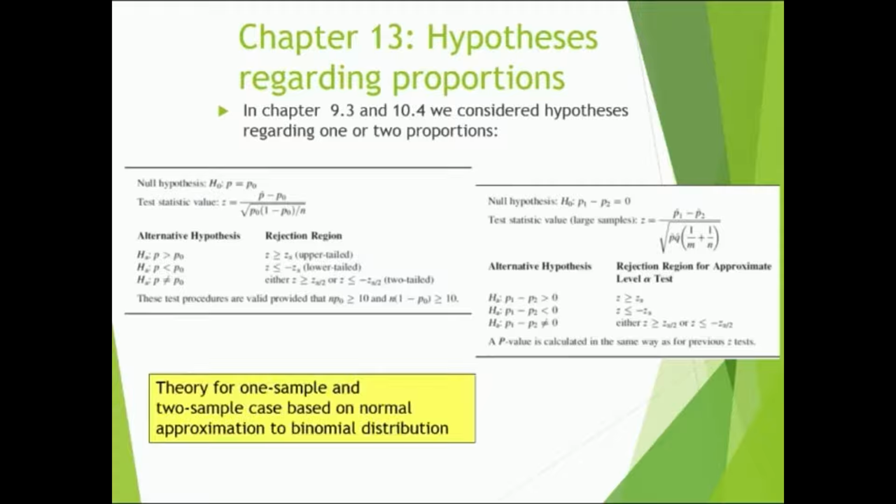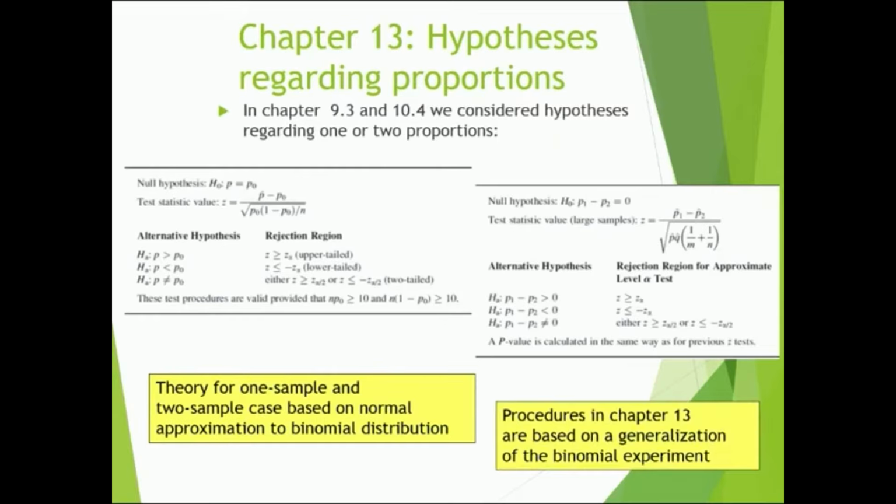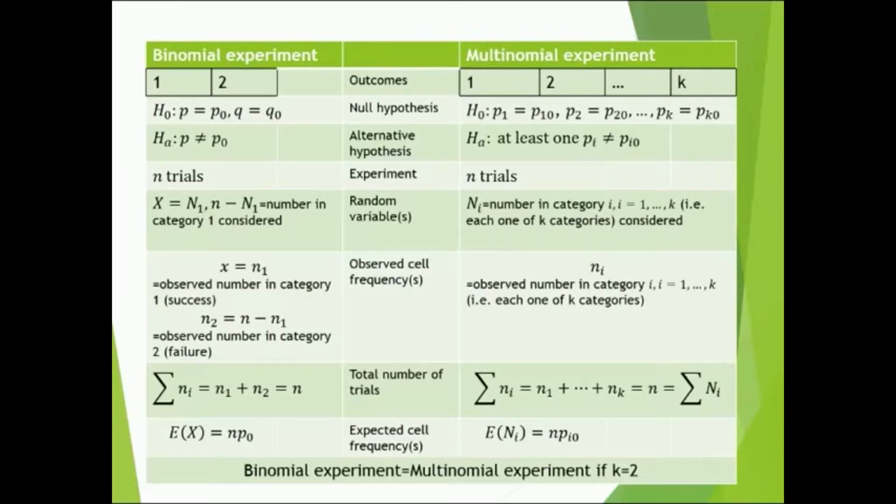And this generalization is called the so-called multinomial experiment, where in the case of a binomial experiment, we have two outcomes, success and failure. In a multinomial experiment case, the outcomes can be any one of k different categories.